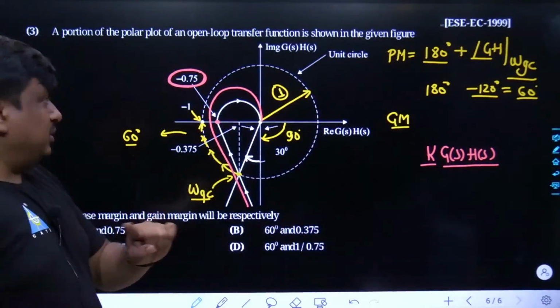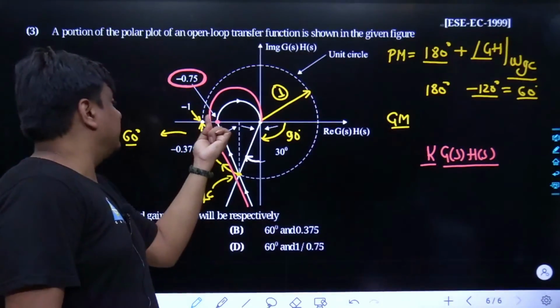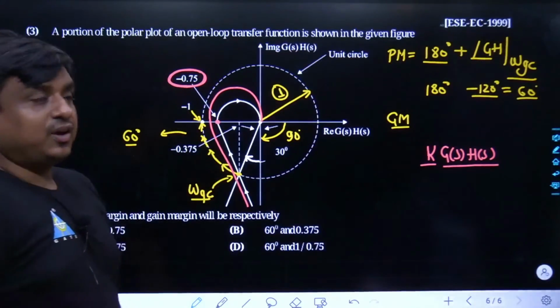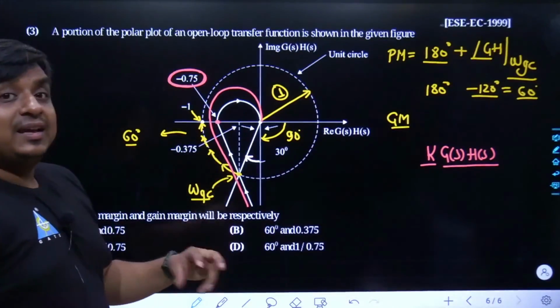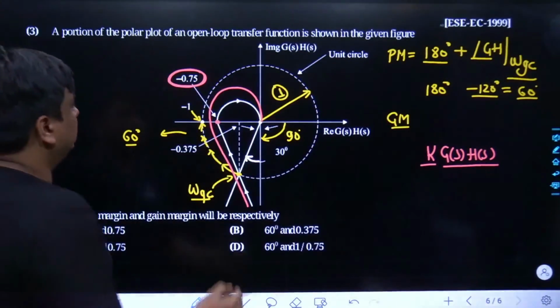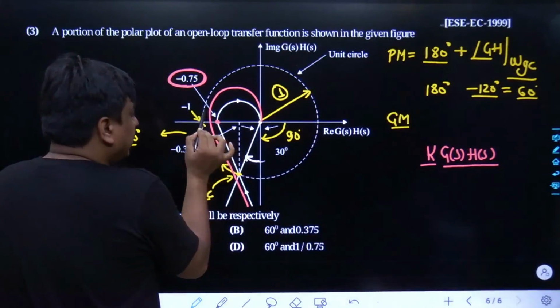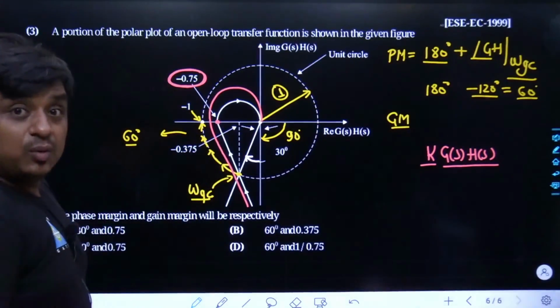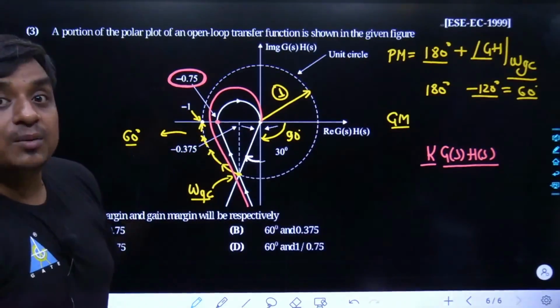When K was 1, the intersection of the given system at the negative real axis is at minus 0.75. Let's increase K a bit. If you bring K as 2, what would happen? Now this intersection would not be at minus 0.75. It would be at minus 1.5. And the system would become an unstable system.